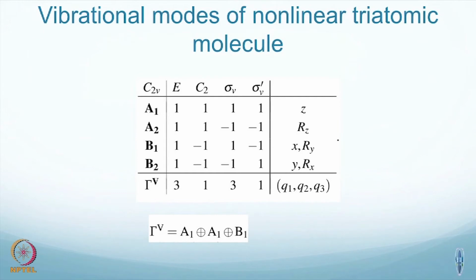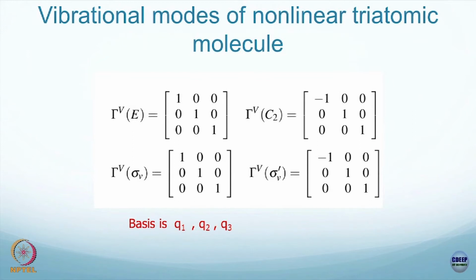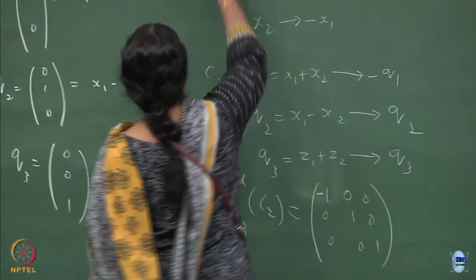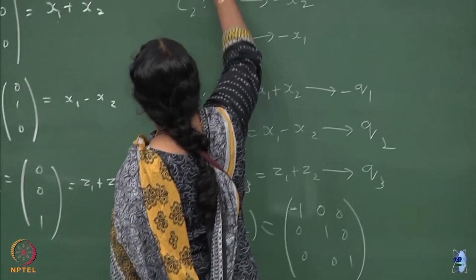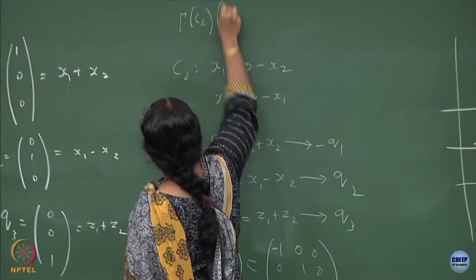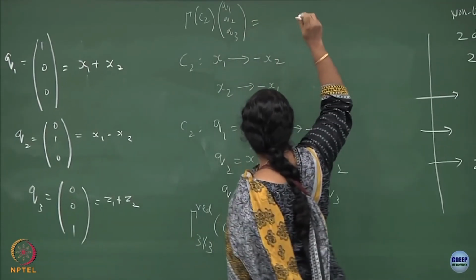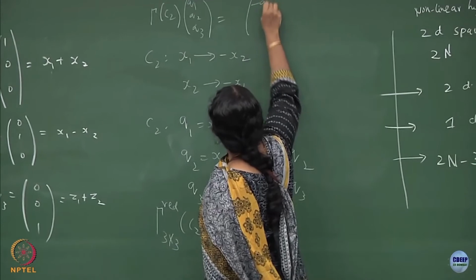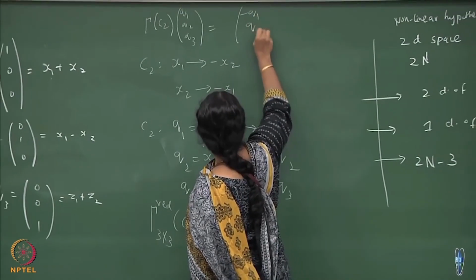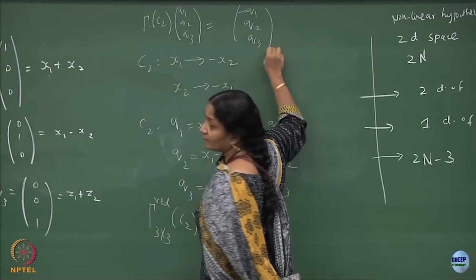So, character table, yeah. Which matrix? This matrix? So, I have to do the gamma of C2 when it acts on Q1, Q2, Q3 should give me minus Q1, Q2 and Q3.